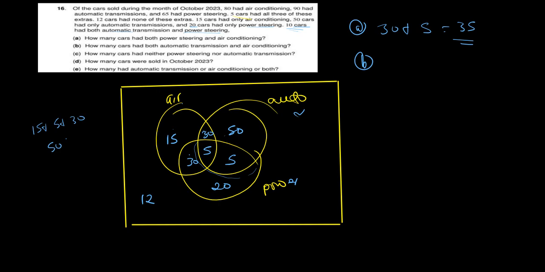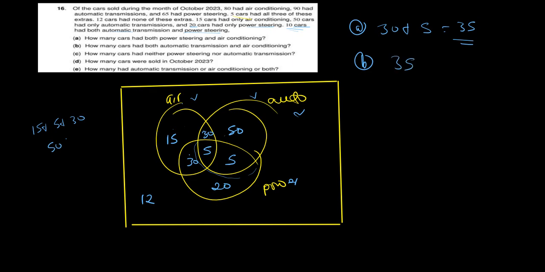So automatic and air, both, those ones which had both. So it's also giving us 35. Okay, let's say it's 35.